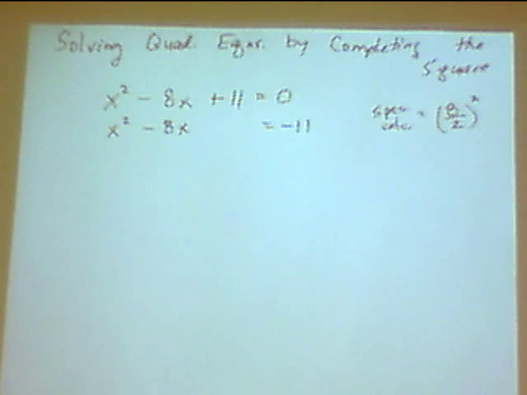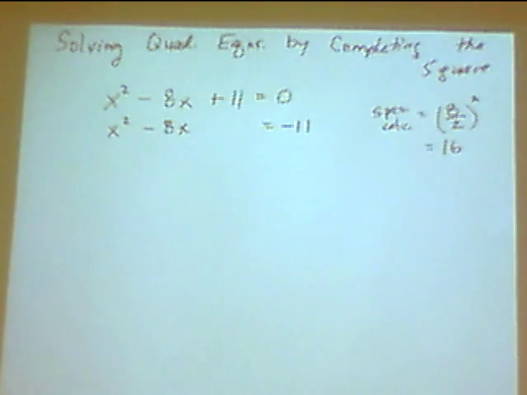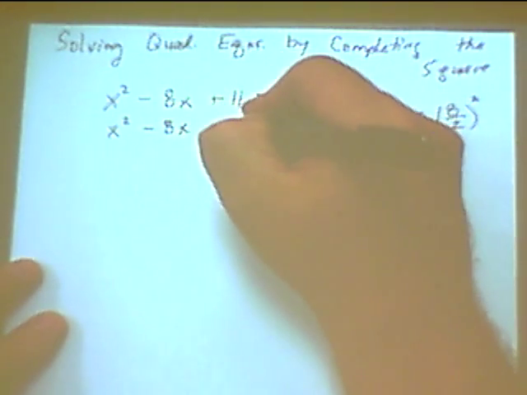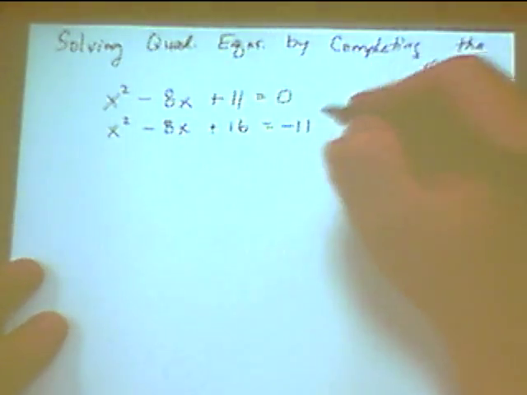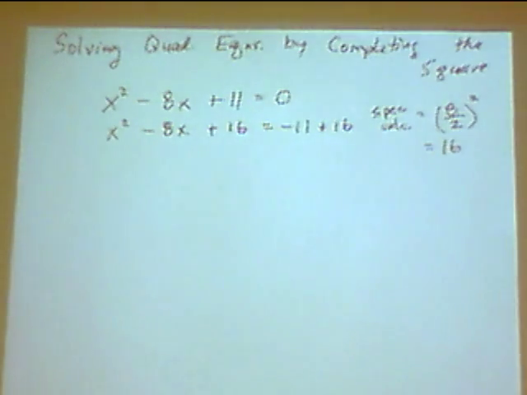So 8 divided by 2 is 4, and if you square 4, that equals 16. Now we take that special calculation and add it to both sides of the equation. That's why I left this gap here. So I put the plus 16 here and the plus 16 there.